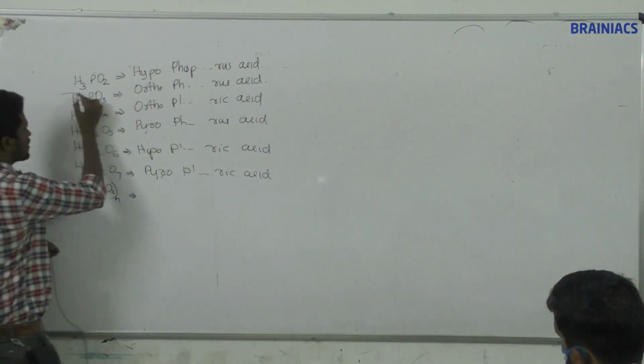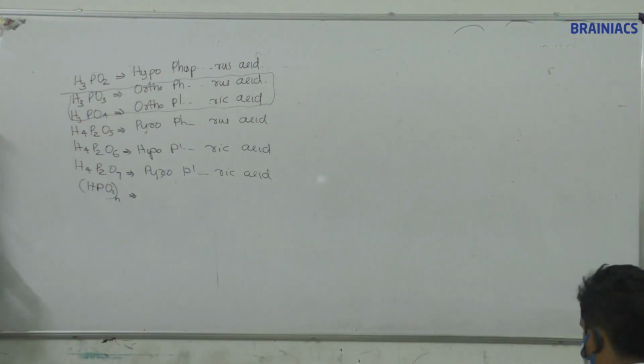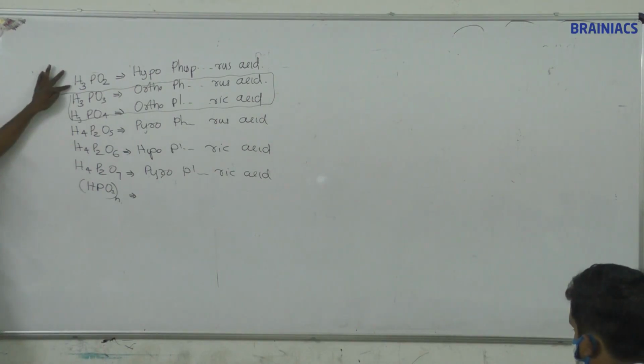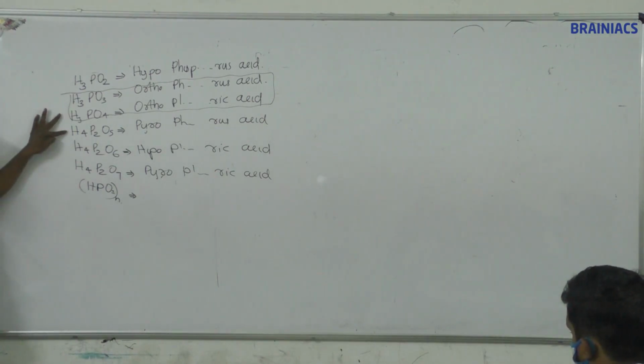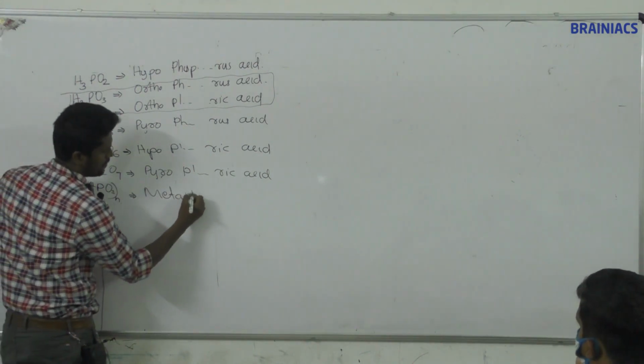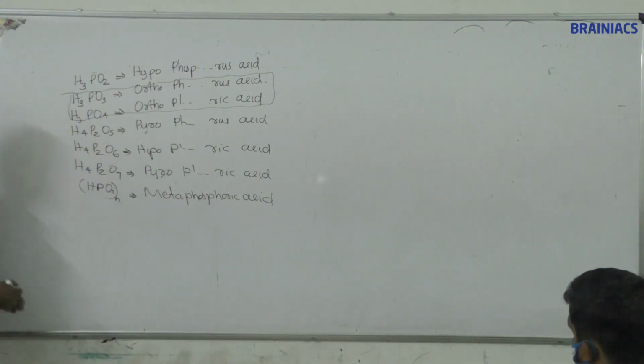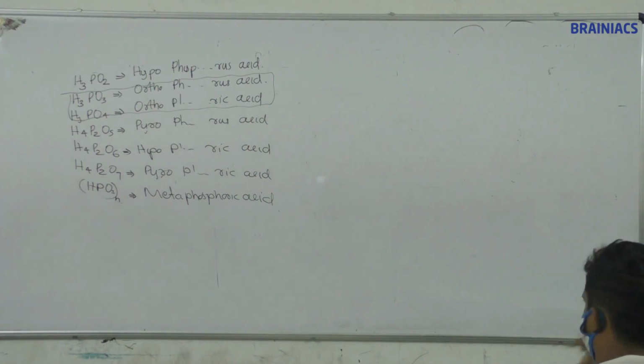So H3PO2 is hypophosphorous, next is pyrophosphorous, next is hypophosphoric, next is pyrophosphoric. Metaphosphoric acid. Good. Hypo-rous, ortho-rous, ortho-ric, pyro-rous, hypo-ric, pyro-ric.